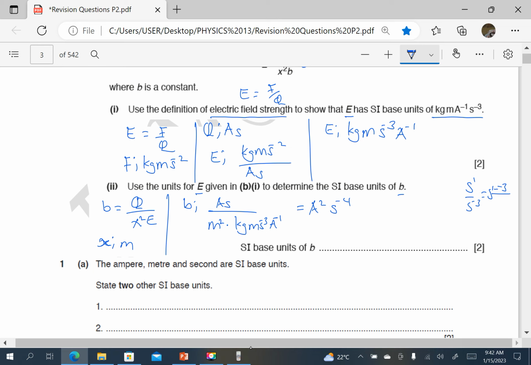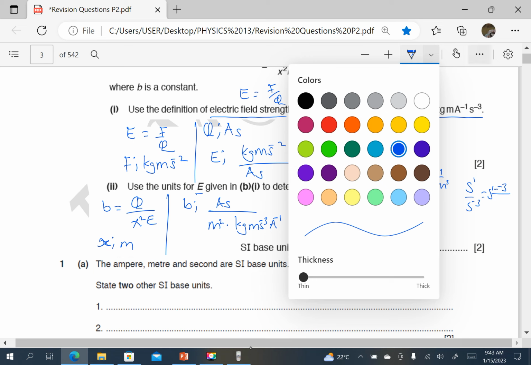So when it goes up, we have 1 over m cubed, which is the same as m power negative 3. Then we have 1 over kilogram, which is per kilogram. The order doesn't matter. Per kilogram per meters cubed, ampere squared, s power 4. Those would be the base units of B.